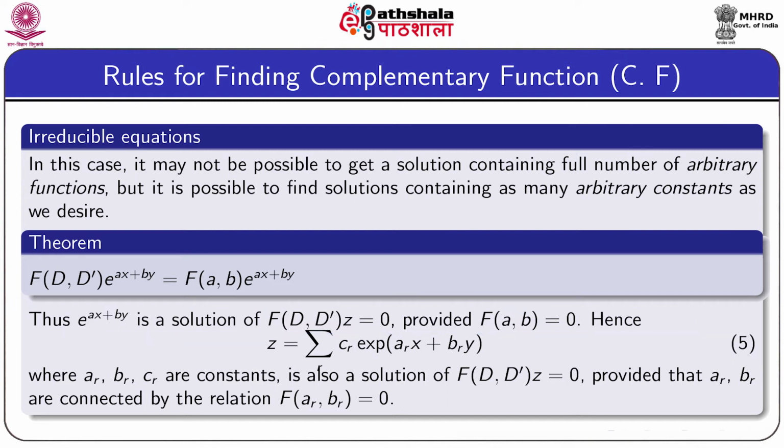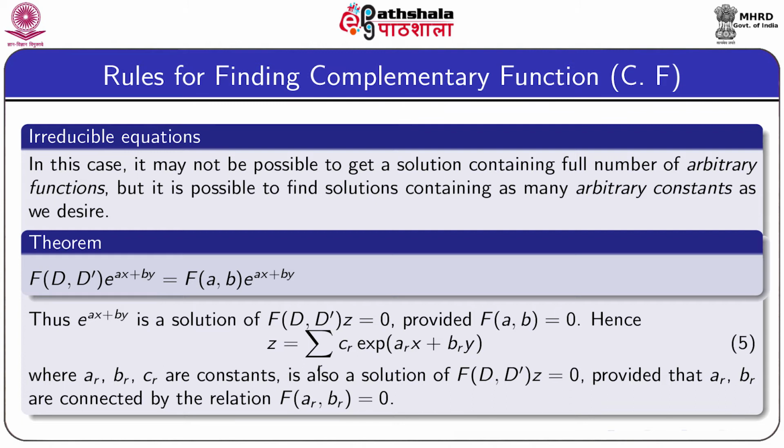So, from the equation F(a, b) equals 0, one can obtain a set of values for a and b which satisfies this equation. Let those sets of values be ar, br. Now, these are solutions of the given equation.